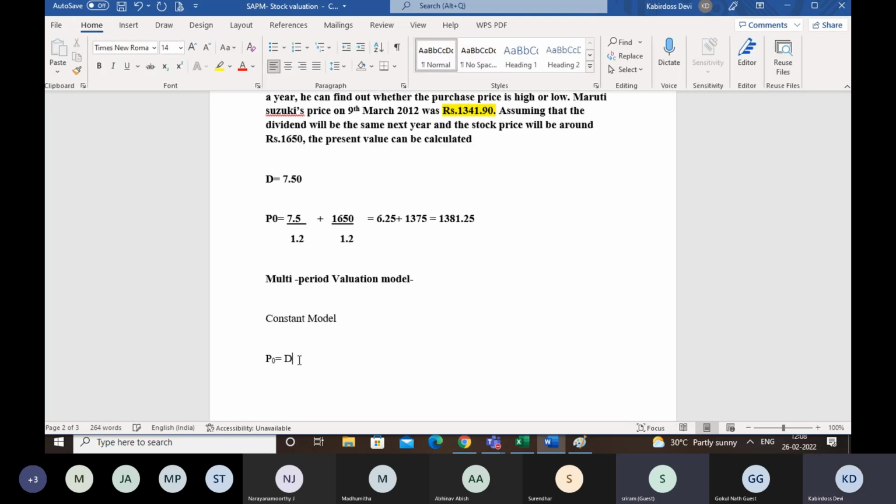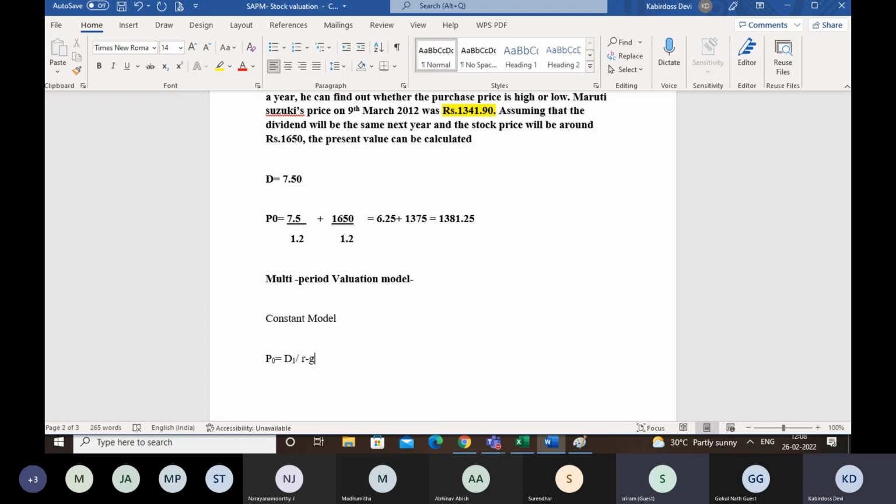P naught is equal to D1 divided by R minus G. P naught is the present value, R is the required rate, G is the growth rate, and D1 is the dividend. Okay, so we'll do one sum.